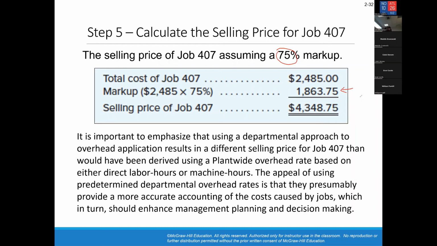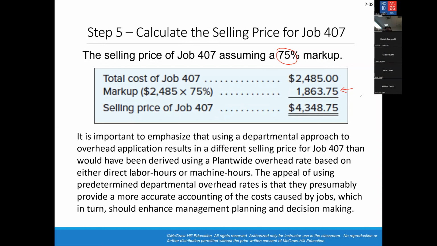Maybe it was the machine hours or maybe it was the direct labor hours. But because we've chosen to look at each department separately, now the selling price is different, the cost is different because we're allocating differently. So that's all that's saying: when you use different methods, you're going to have different amounts.